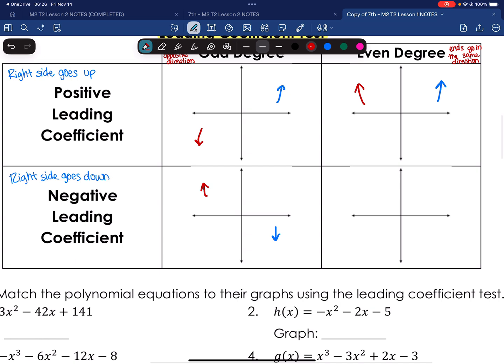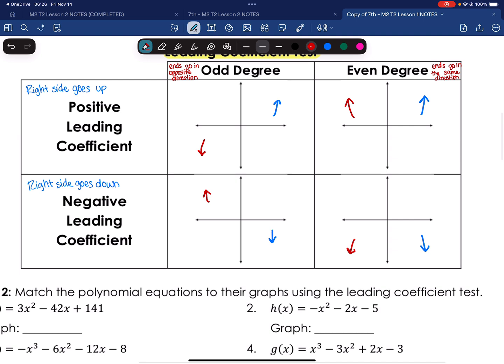If we have a negative leading coefficient with an even degree, the right side is going to go down, and the left side is going to go down because we have an even degree. So this just tells you about the ends, so it makes it easier to graph the functions or match a graph based on just the ends.